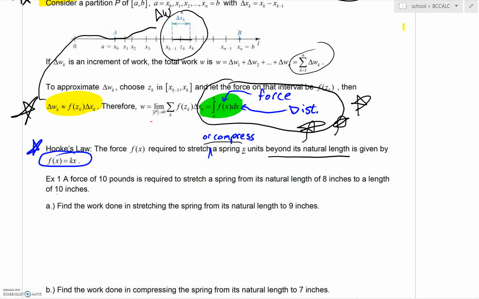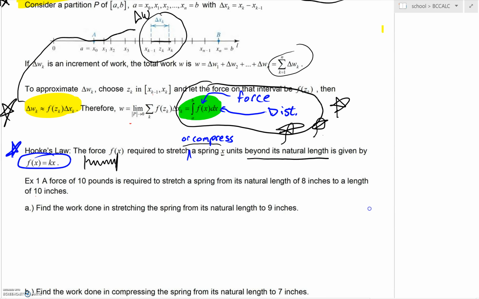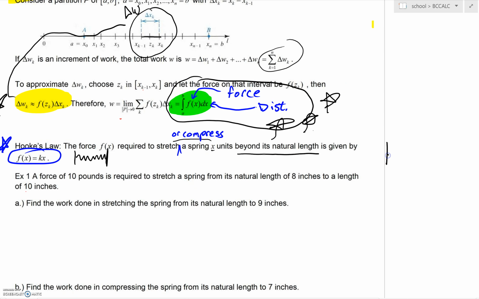So let's just begin reading example 1. It says a force of 10 pounds is required to stretch a spring from its natural length of 8 inches to a length of 10 inches. So here's what we're going to have. We've got this spring, and I'm going to actually draw this over to the side here just for extra space.